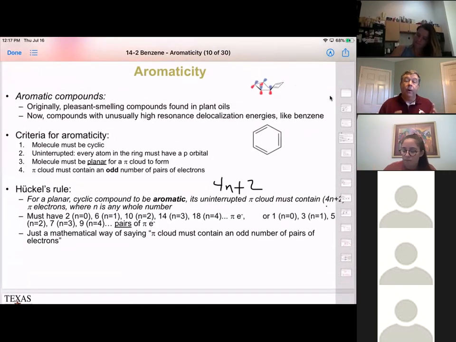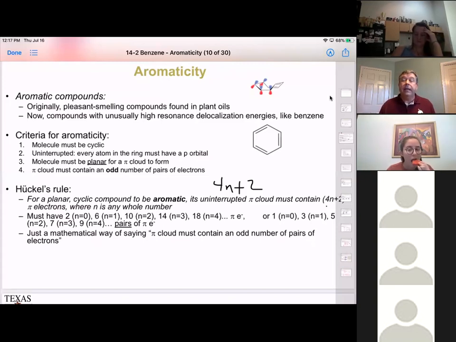Aromatic has 4n+2 electrons. If n is 0, that gives us 2 electrons, so we have 1 electron pair. If n is 1, we have 6 electrons. That's 3 electron pairs. If n is 2, we have 10 electrons. That's 5 electron pairs, okay?